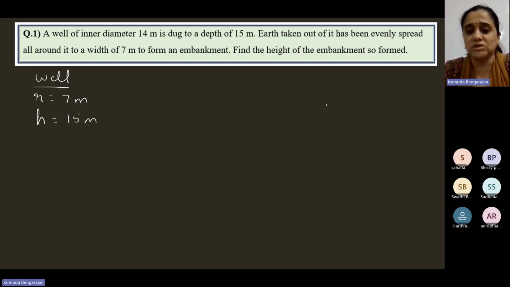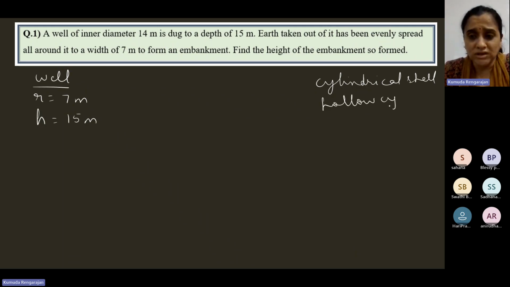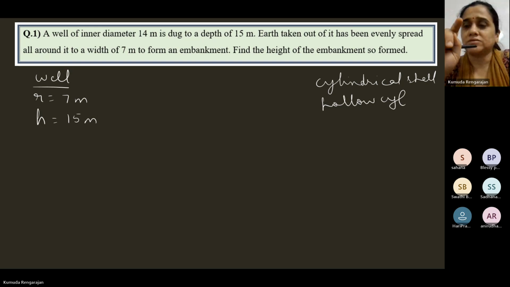So I mentioned these two terms in the last class. It's called a cylindrical shell or a hollow cylinder, again where the wall is thick. Hollow cylinder, we have two cases.